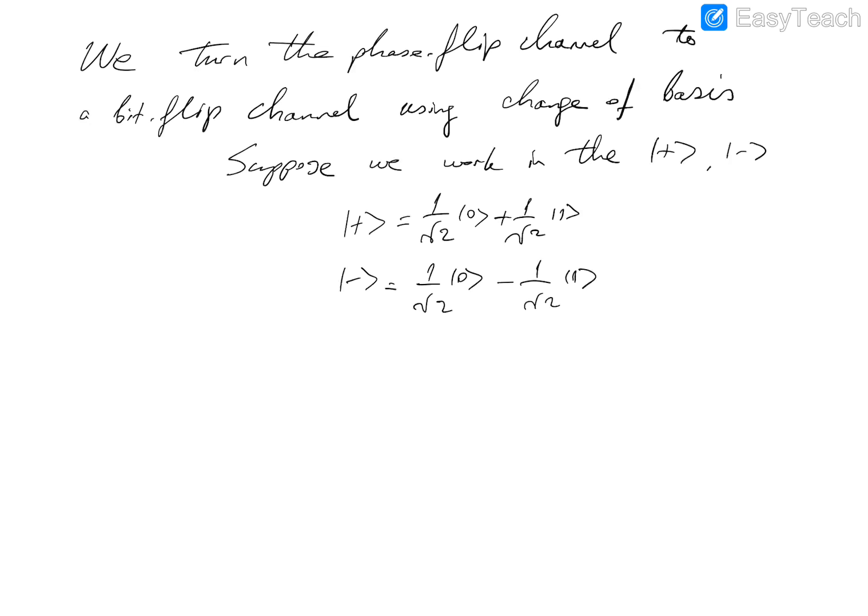Okay, so I'm going to give you the circuit diagram for the phase flip code. So we start with psi, the state that we want to transmit. We have two ancilla qubits set to 0.